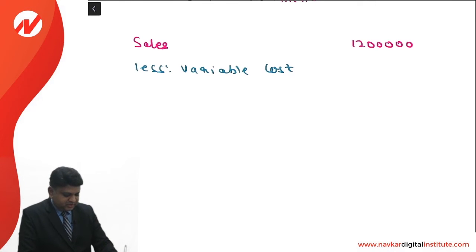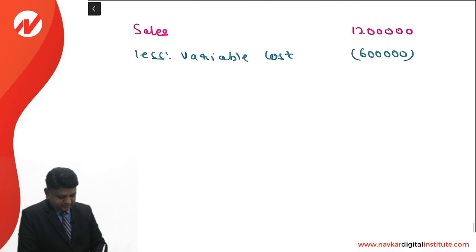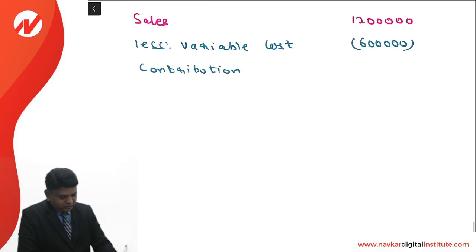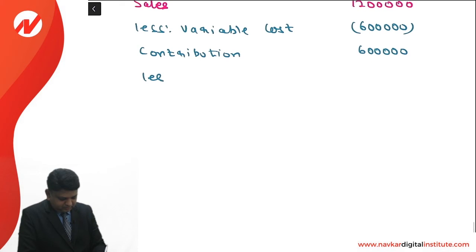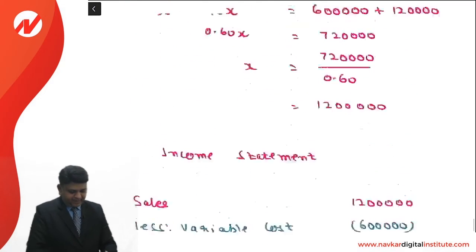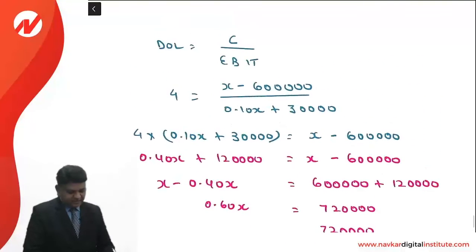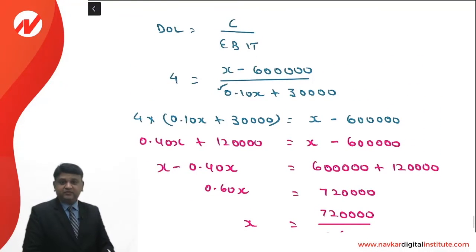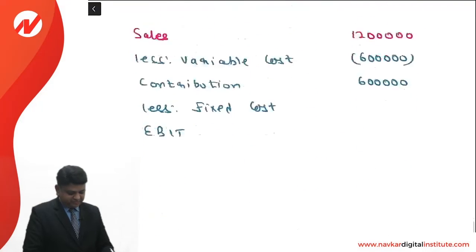Less variable cost, that is 6 lakhs. Contribution is 6 lakhs. Less fixed cost will give EBIT. We already have got the EBIT in an equation term. It is 0.10x plus 30,000.